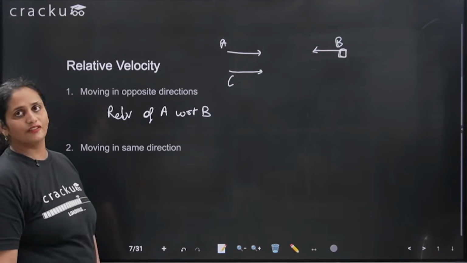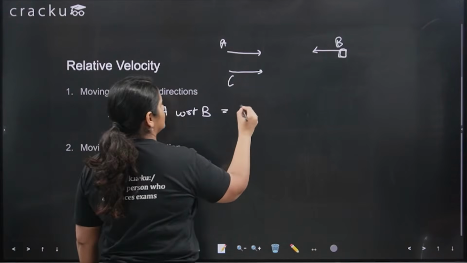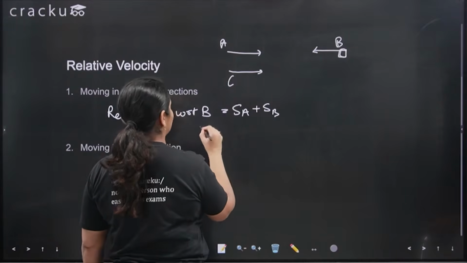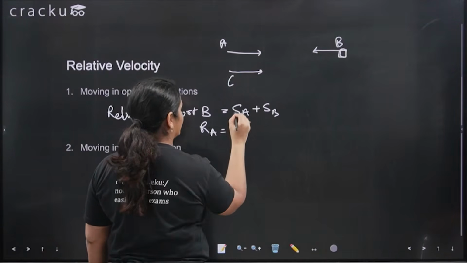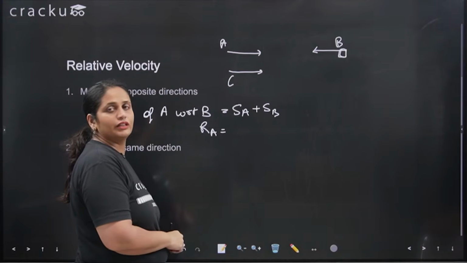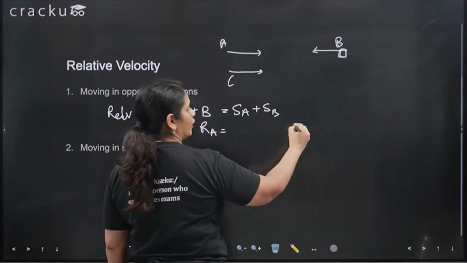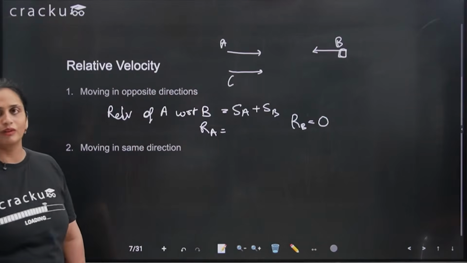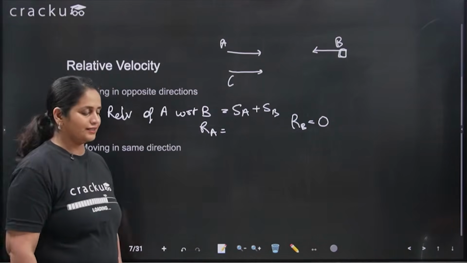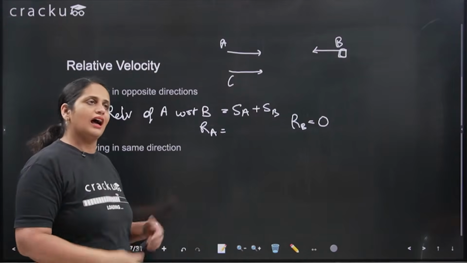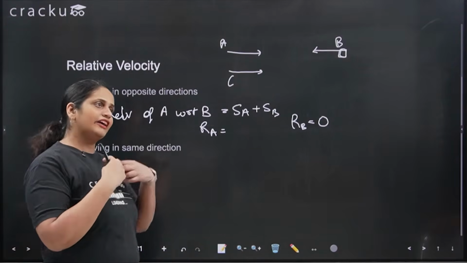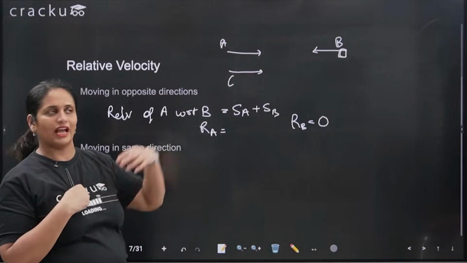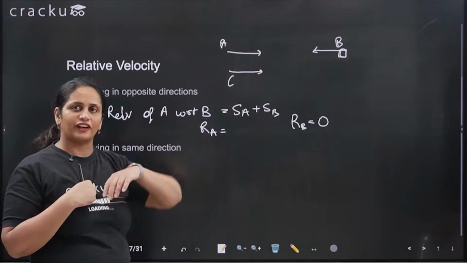The relative velocity of A with respect to B will be the speed of A plus the speed of B. What would be the velocity of B in this case? Since I have assumed that B is the stationary object, it becomes 0. So instead of both of us running towards each other, I assume I am stationary and I give my velocity to you, and I assume you are running doubly fast towards me, with both of our velocities.